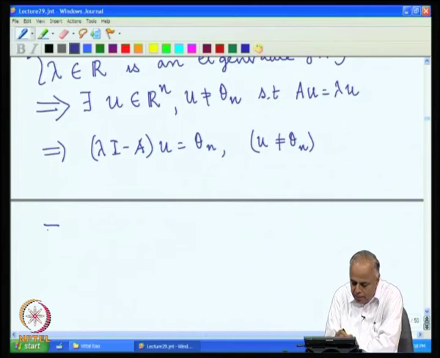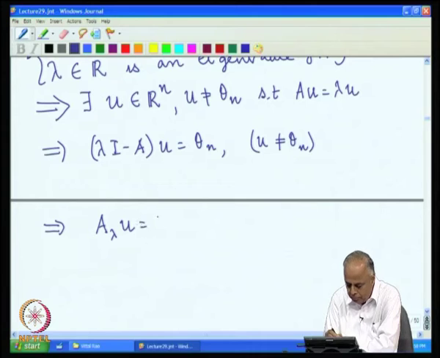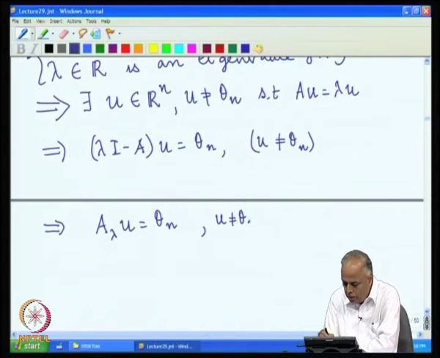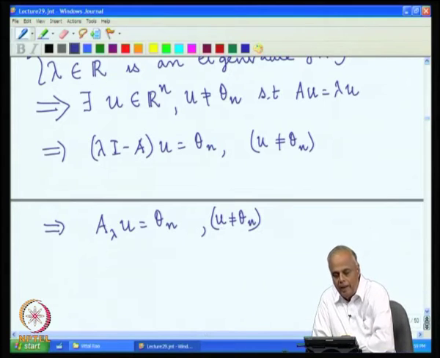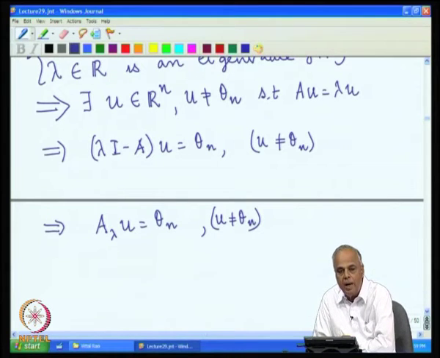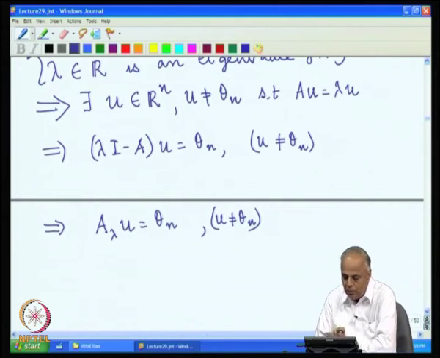Let us call this matrix lambda I minus A, for the time being, A sub lambda. If lambda is an eigenvalue of A, then there exists a vector u different from 0 such that A lambda u equals theta n.